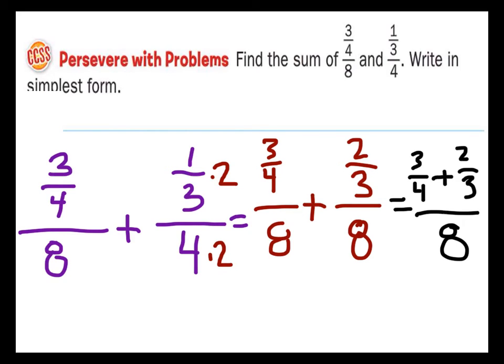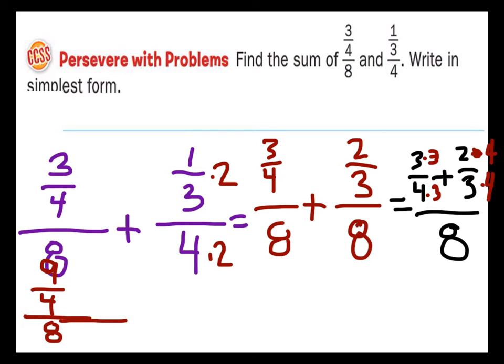In this complex fraction, there are fractions that do not have common denominators, so I cannot add. So what I need to do is take the 4 and multiply it by 3, and take the 3 and multiply it by 4. Let's multiply. Okay, and what I'm left with is 9/4 over 8.